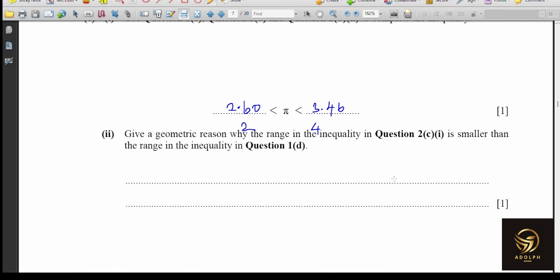Why has it shrunk? Because previously we used a square and now we are using a hexagon. The hexagon covers most of the area of the circle compared to the square. The square covers a bit of area, but this hexagon covers a larger area than the square. So that itself we can give as a reason.